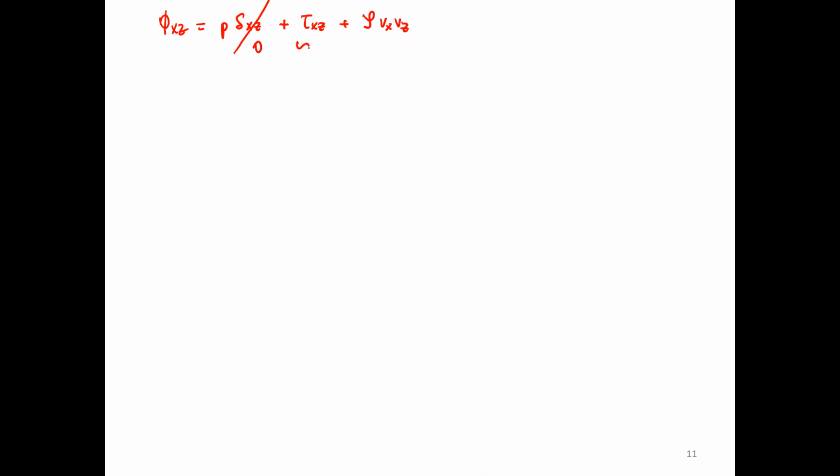Now I will apply the assumption that this is a Newtonian fluid. And for a Newtonian fluid, tau xz is going to be equal to what? Can you find the formula?